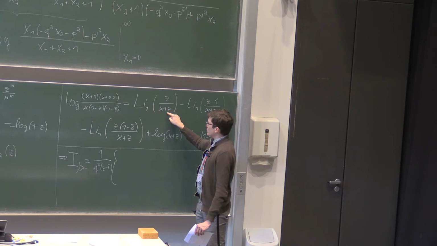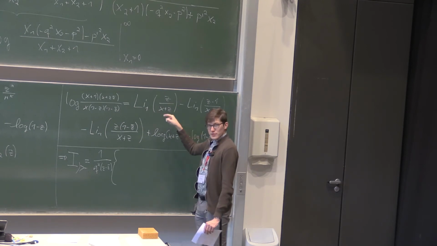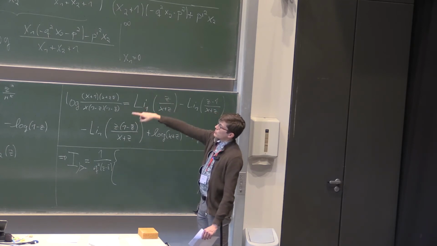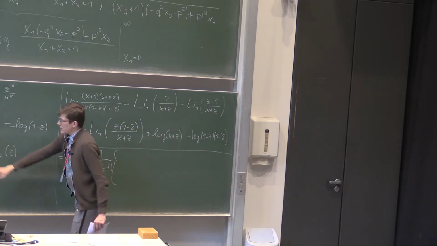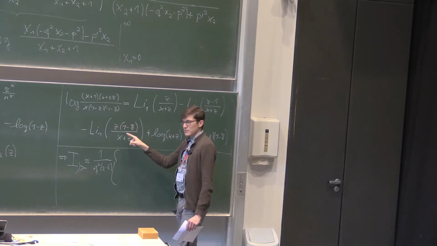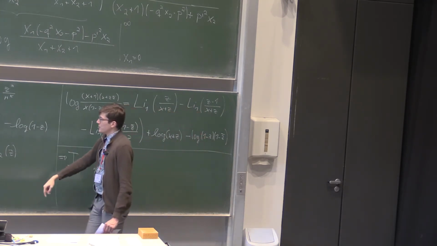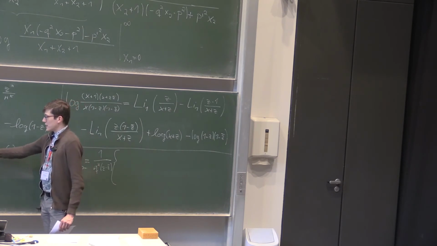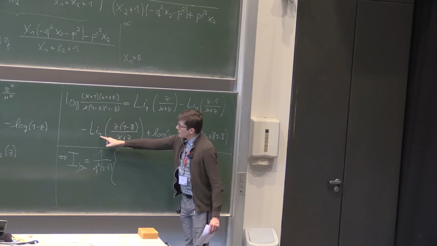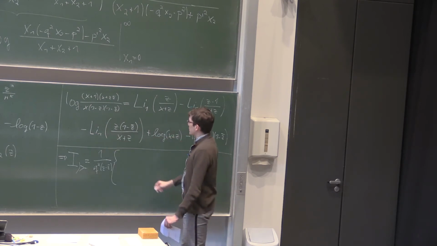Now the argument is not precisely z, it's 1 over the thing, so we get a minus sign from the integral. If you do the same thing with 1 over z here, it just means you get a minus sign. And the fact that you have some constant with respect to x doesn't matter, because this is a logarithmic derivative. So if you multiply z by something, it cancels in this ratio. So you can literally just replace Li1 by Li2 and change the sign.